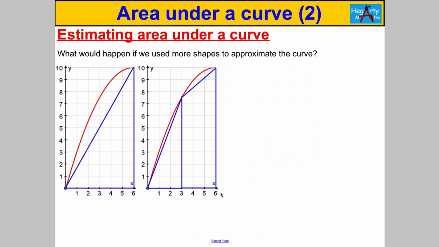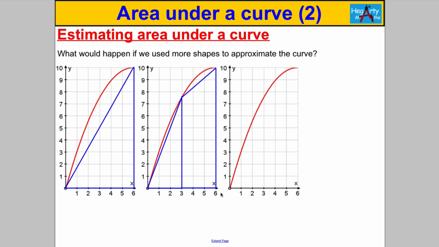And we can make it better still by using more polygons. So why don't we think of drawing a triangle maybe between 0 and 2, a trapezium between x's 2 and 4, and a second trapezium between x's 4 and 6.